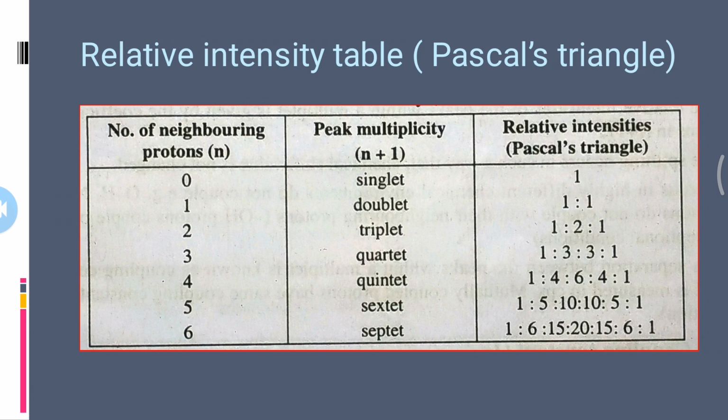With 1 neighboring proton, it is a doublet with relative intensity 1:1. With 2 neighboring protons, it is a triplet with relative intensity 1:2:1. Similarly, with 3 neighboring protons, it is a quartet with relative intensity 1:3:3:1.